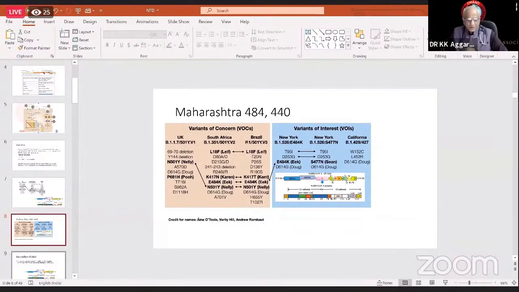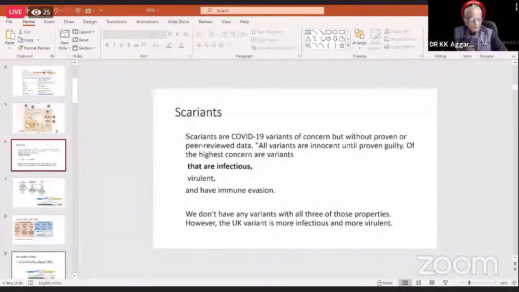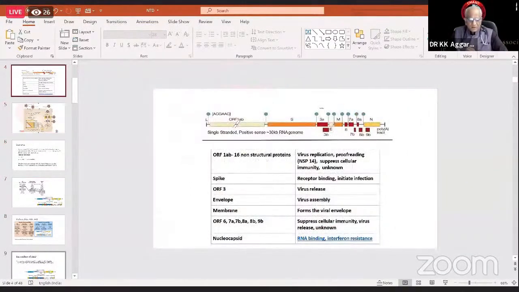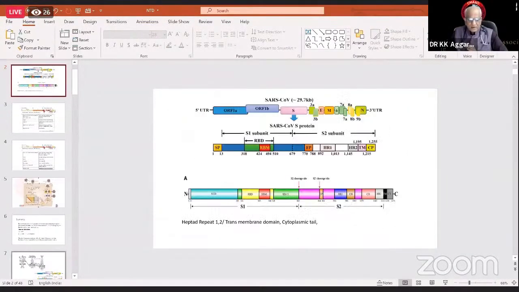Today we are going to focus on the area called NTD, which is amino acid 13 to amino acid 318. The easiest way to remember is the unlucky number 13, then you reverse it, it becomes 31, and add whatever number you want. So 318, 13, 31.